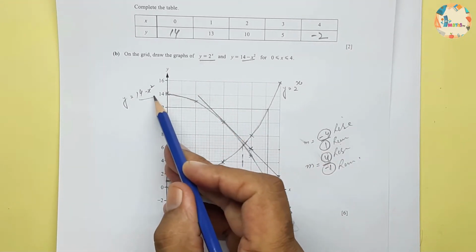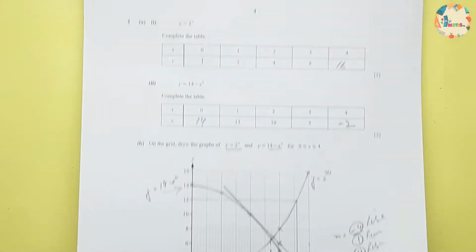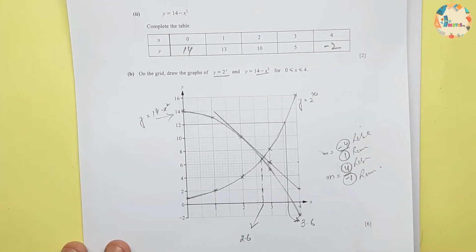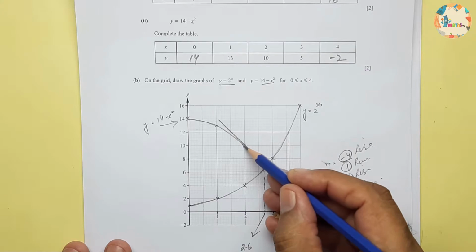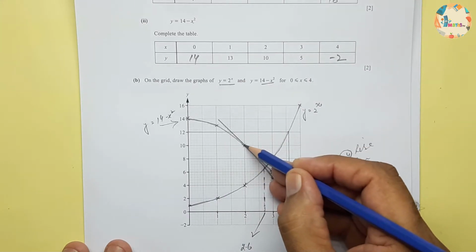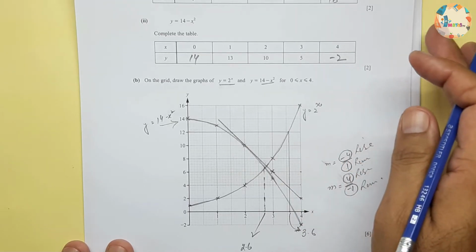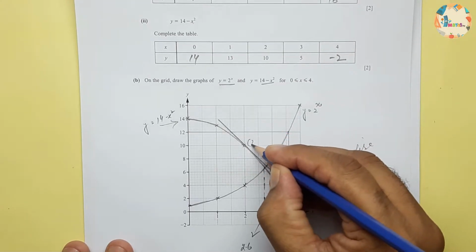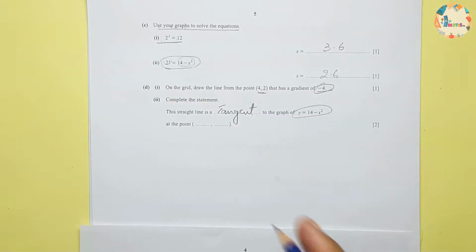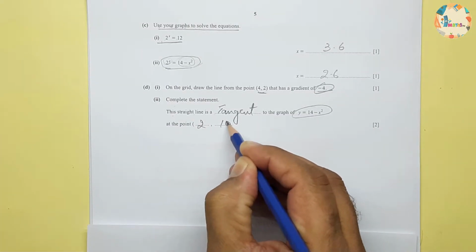So this is the graph which I'm showing. Now we have to find the tangent point, and if we see, this is the point where it is tangent, so 2 and 10. So we can write the answer over here, 2 and 10.